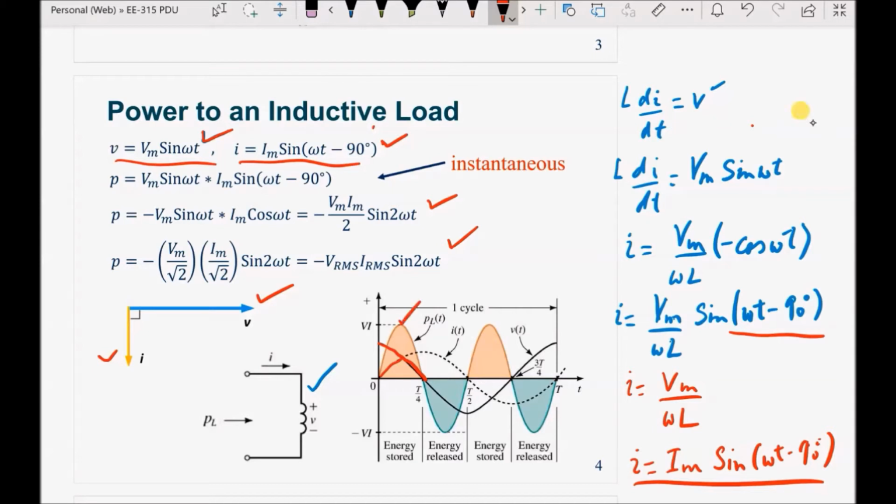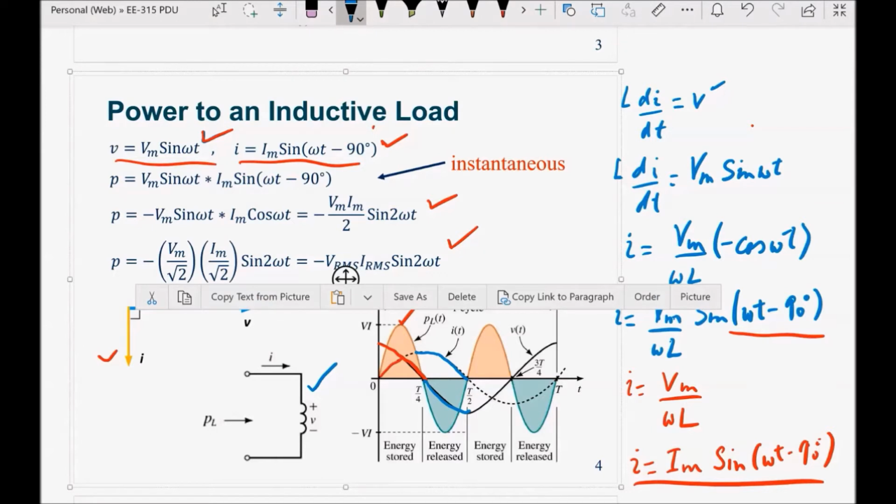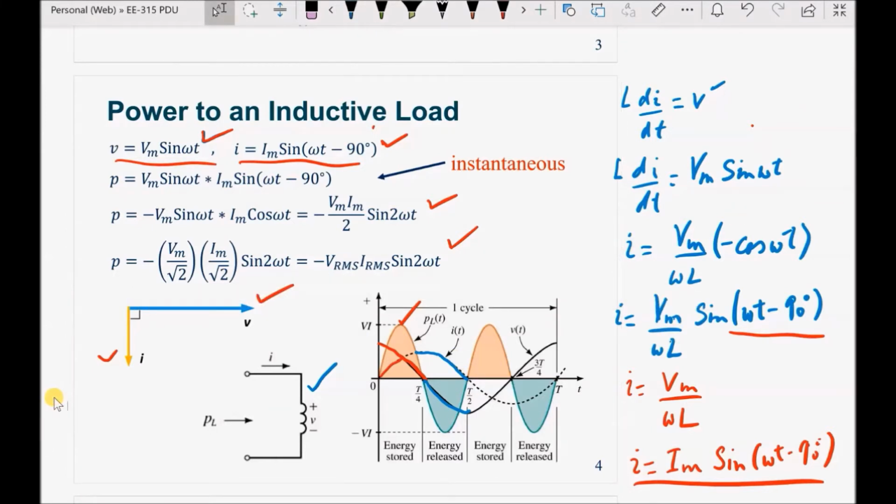And similarly, in this part, we had positive voltage but negative current. So in this section, when you take the product, the power is going to be negative. Okay, so that's understood.